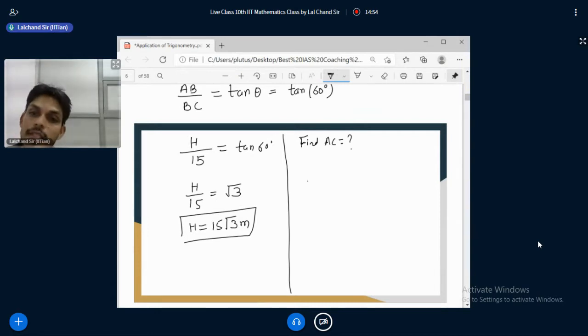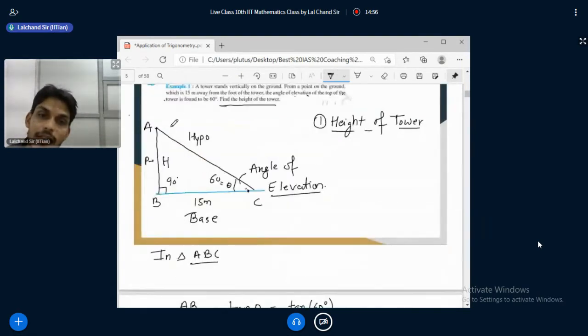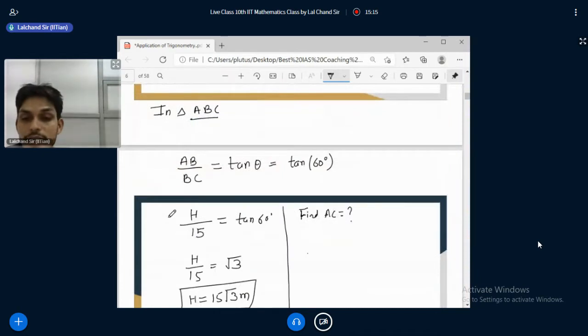Find AC in this given triangle. AC means this side, so this is the hypotenuse. To find the hypotenuse, which ratio is required? We can use sine theta, or now that we have the value of h, we can also use Pythagoras theorem. But instead of Pythagoras theorem, here we prefer sine theta.